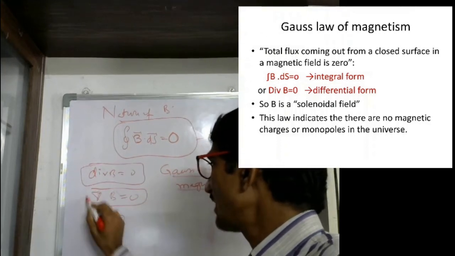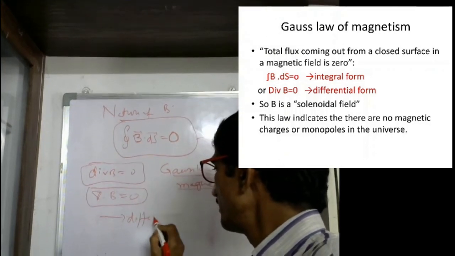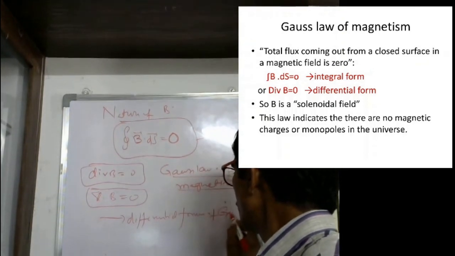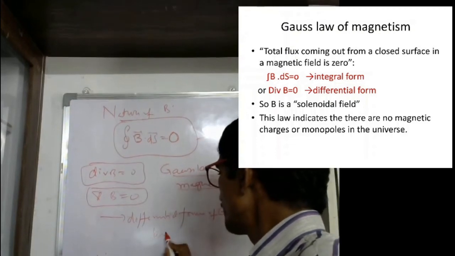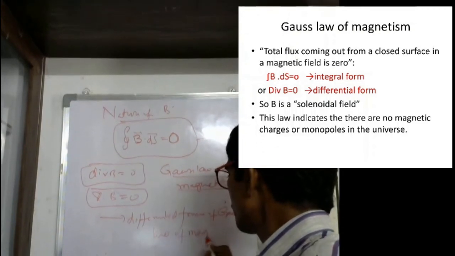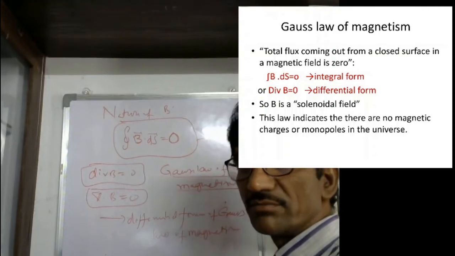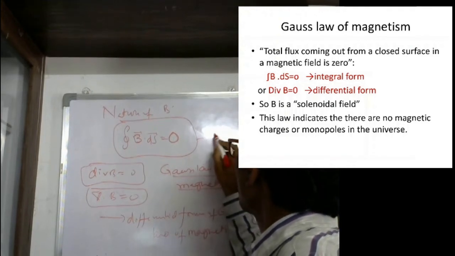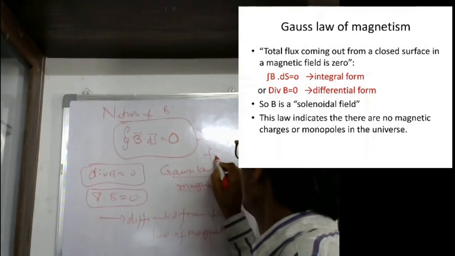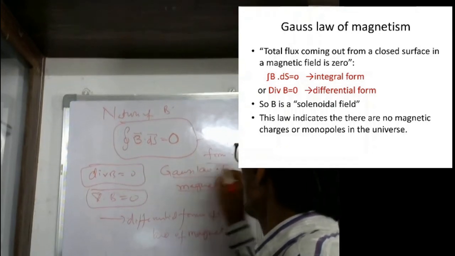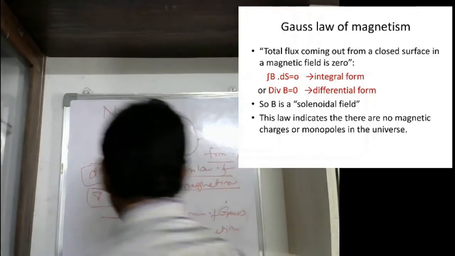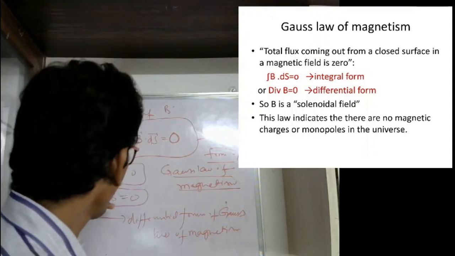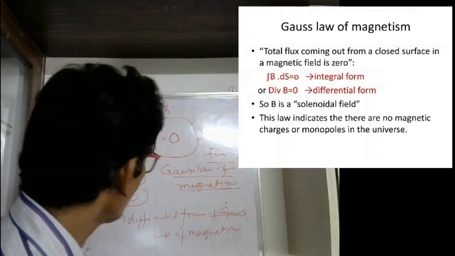We call this the differential form of Gauss law of magnetism. This is the integral form of Gauss law of magnetism, and here you have the differential form of the Gauss law of magnetism.